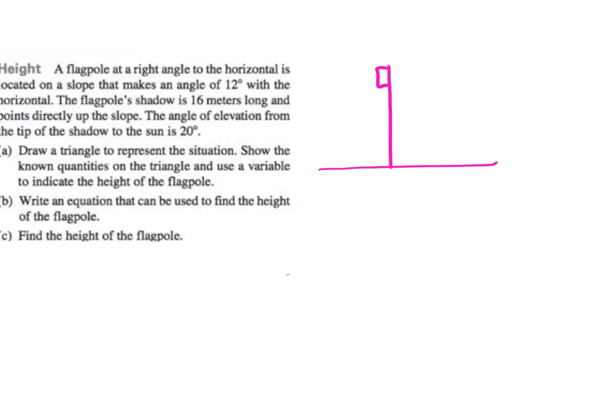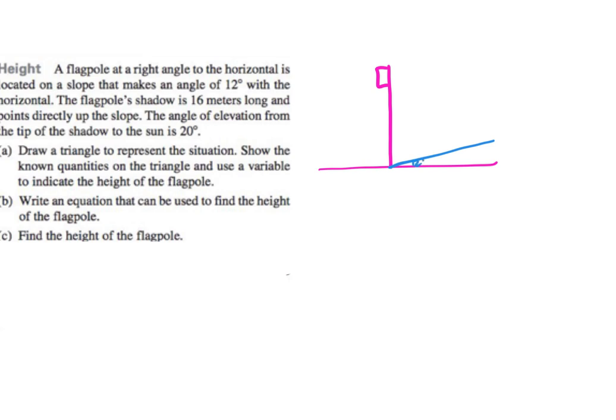Then it says the ground has a slope, and the flagpole's shadow is going up the slope. My brain draws a slope to the right, but you don't have to. It could have gone the other direction, to the left. And that slope means that above my horizon, it's 12 degrees. So this little sliver in there is 12 degrees.